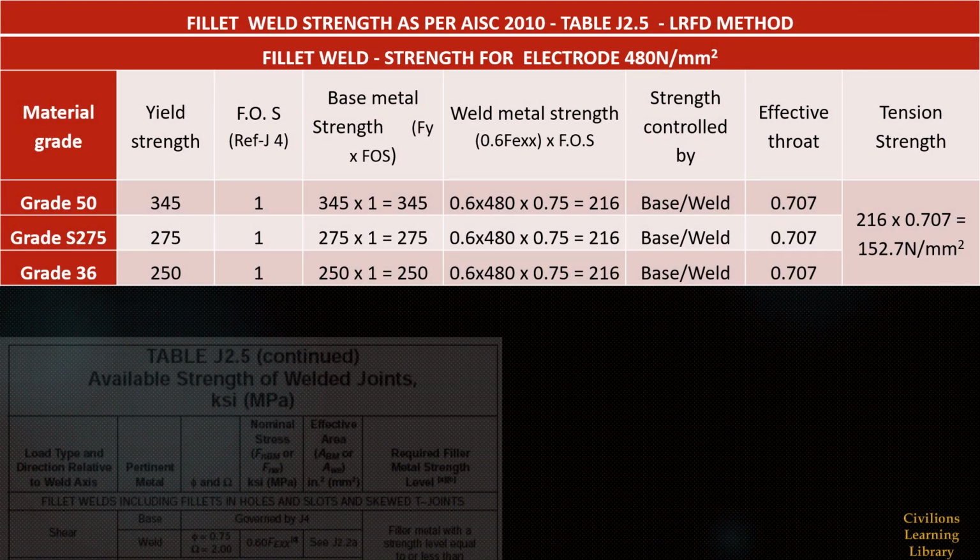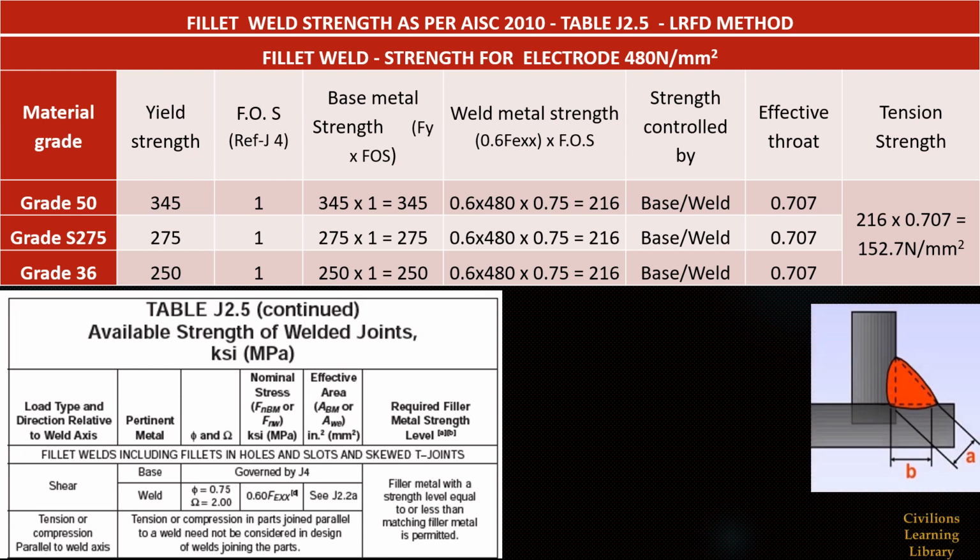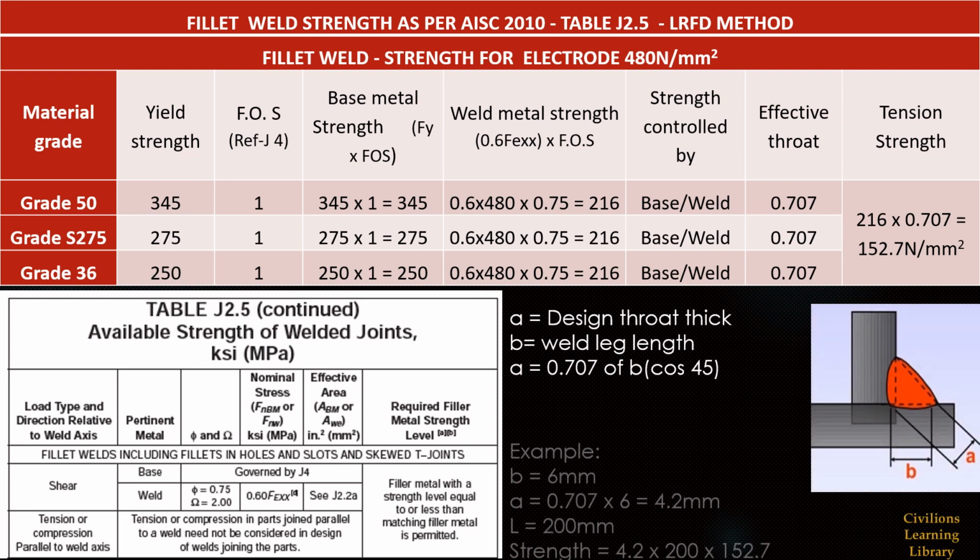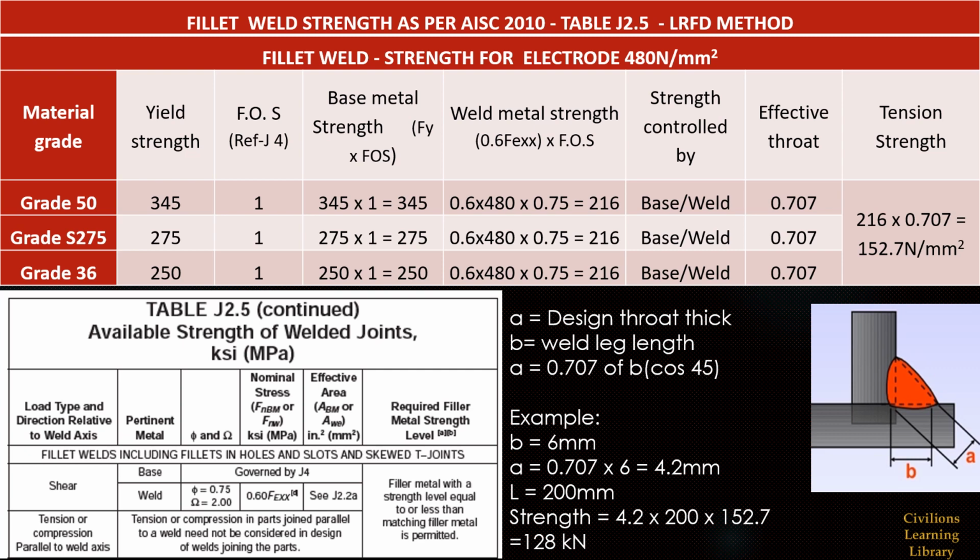Here in this table, we listed the same fillet weld strength, but the only change is that instead of ASD, the LRFD values are provided. So here the factor is 1 for the LRFD method, based on this reference J4.1. And for the weld metal strength, the factor is 0.75 based on this tabular column. You can see here, other things remain the same.